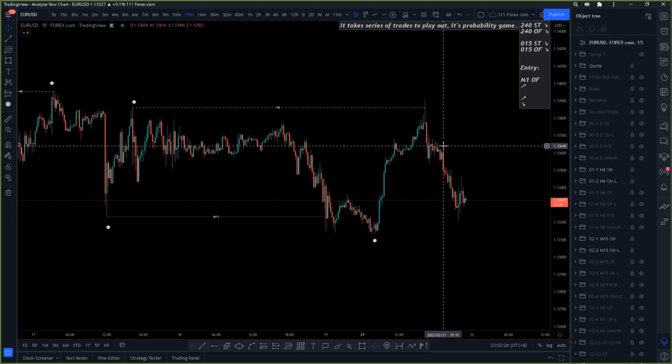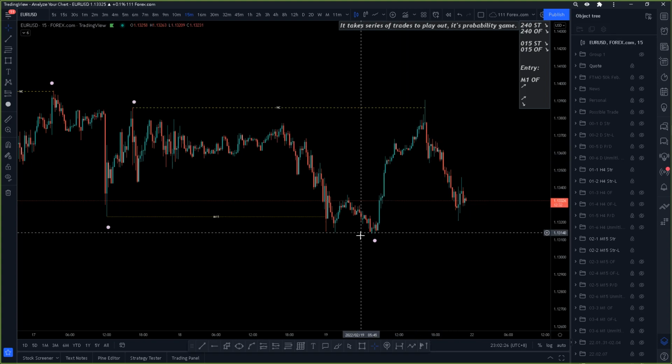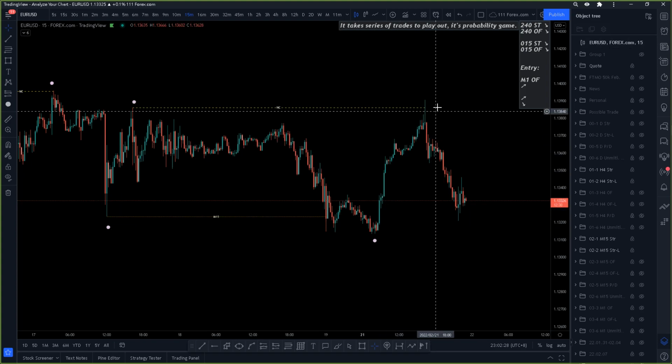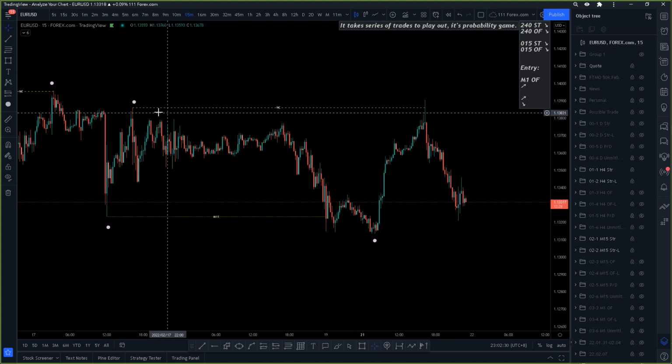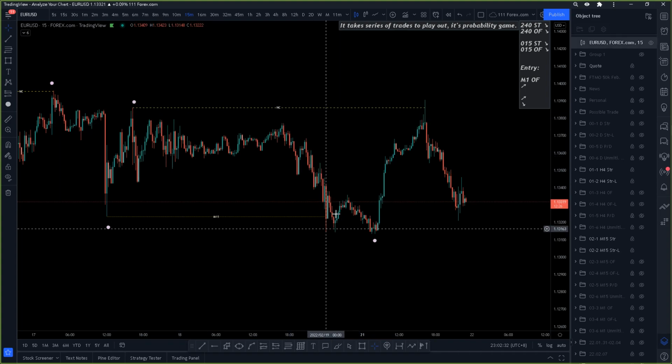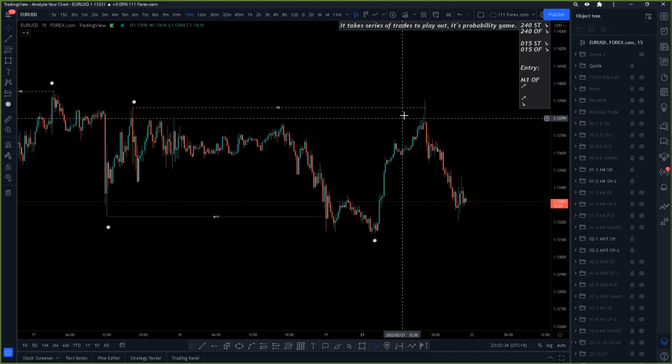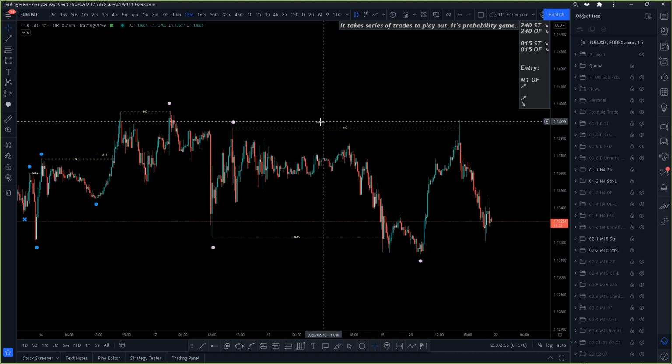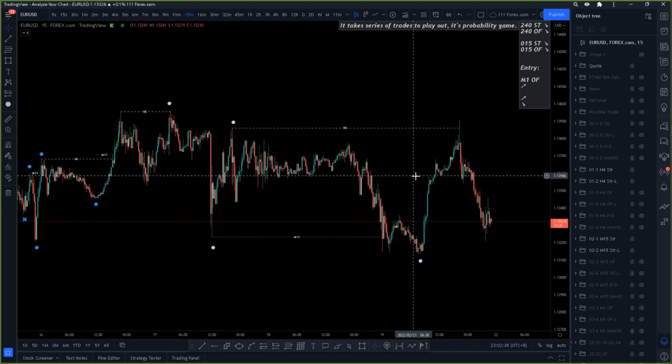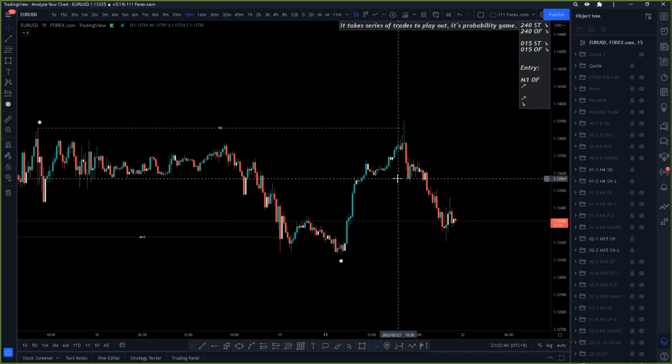And at today it used all of this as its liquidity, tapped into something here unmitigated and fucks up to hell.